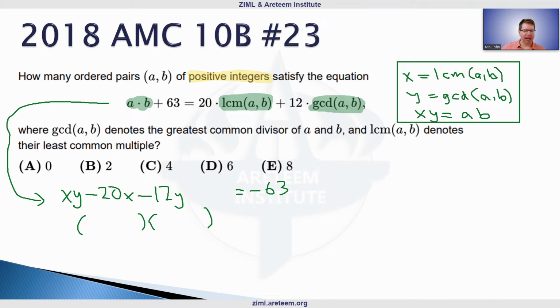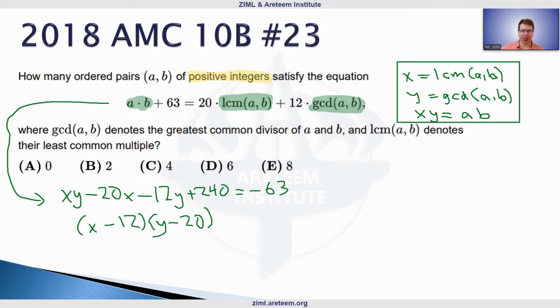So we factor this. Well, pretty good thing to try would be x minus 12 times y minus 20. Then we have first times first is x times y there. Now, how are we going to get a minus 20x? Well, then outsides x times negative 20 will give us that negative 20x. Then minus 12 times y will give us the negative 12y, right? And of course, then that needs a positive 240 right here.